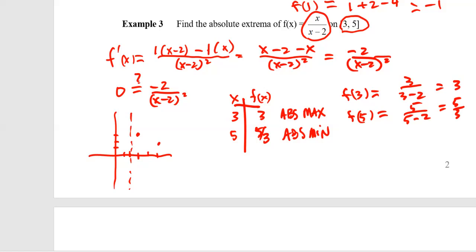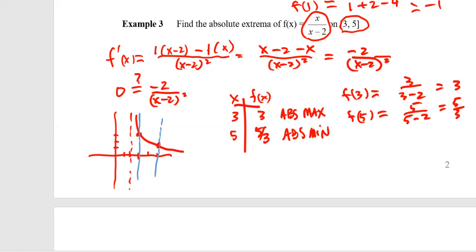So what we're looking at is this function, and you can see how the graph comes in, like so, roughly, okay? And we're only looking at this window here. This is the only thing that we're considering, from here to here.